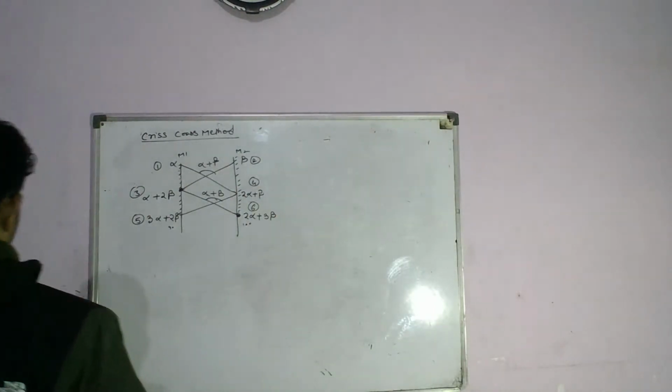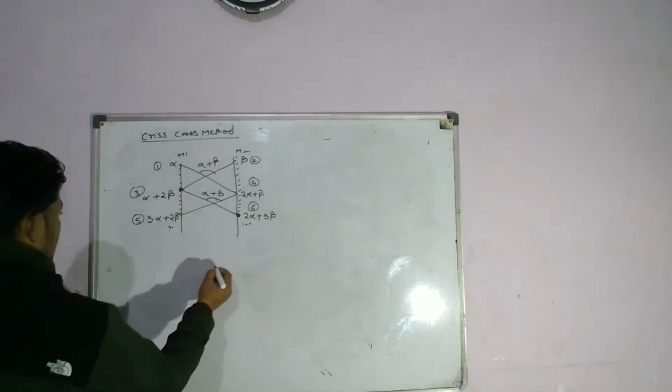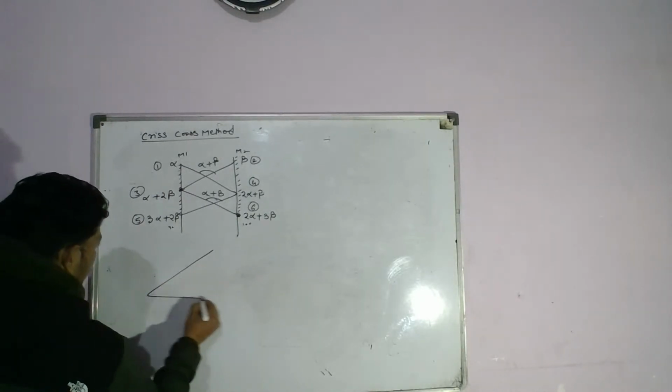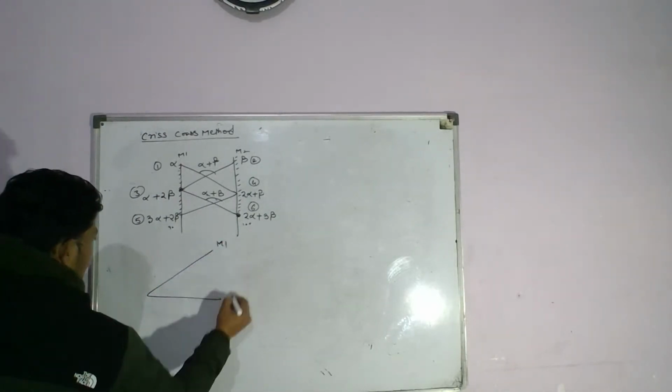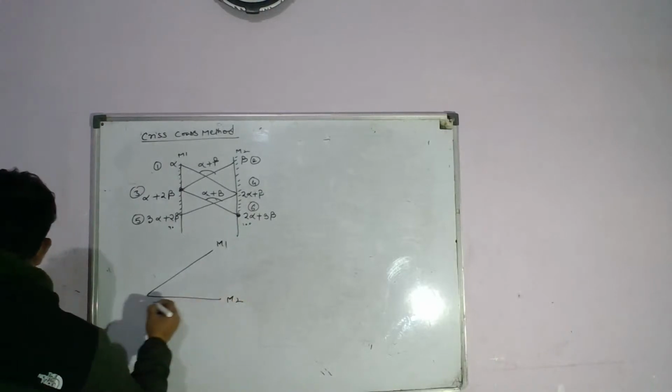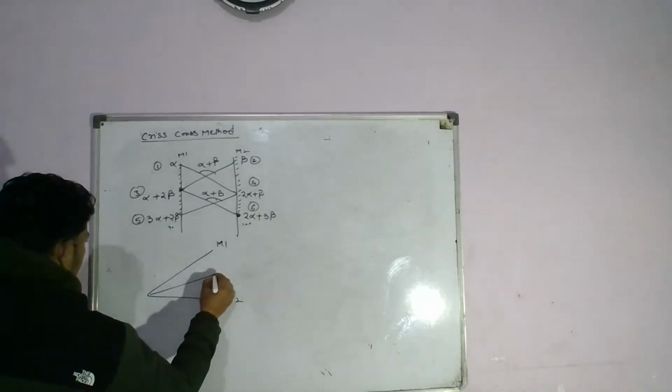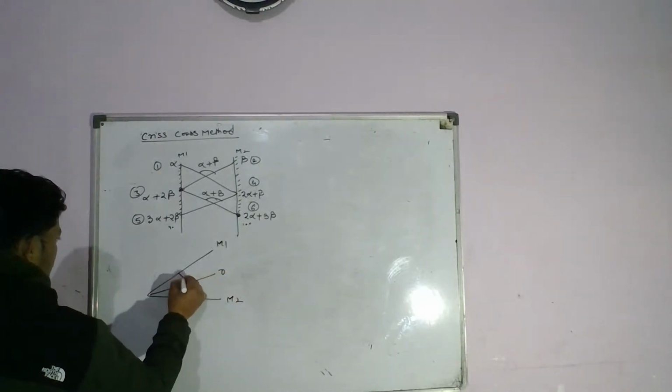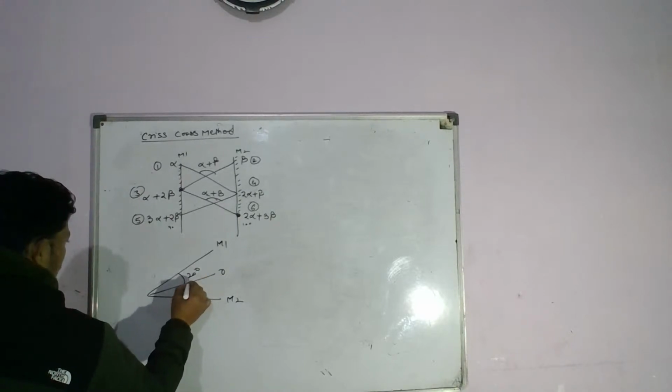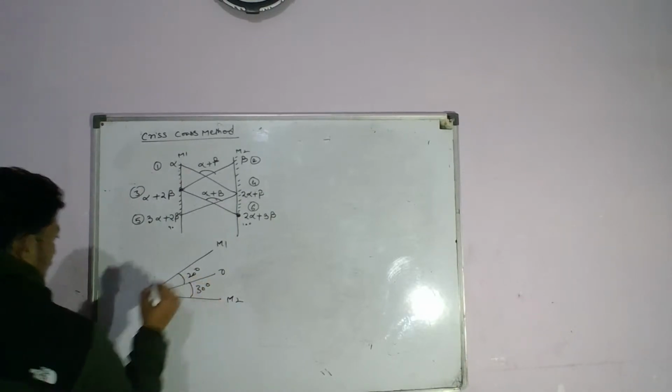So here, like this is a mirror M1 and this mirror is M2, and here the object is given and this angle is 20 degrees and this angle is 30 degrees, and the question asked is how many images are formed by this mirror.